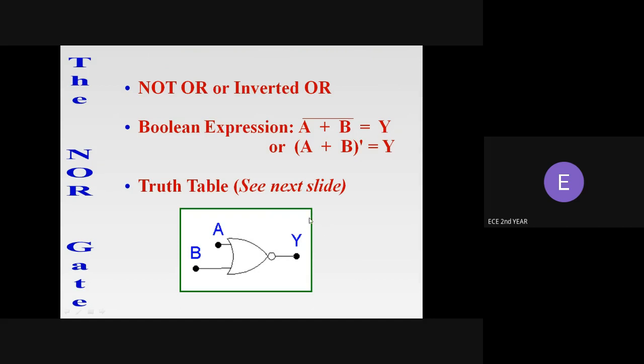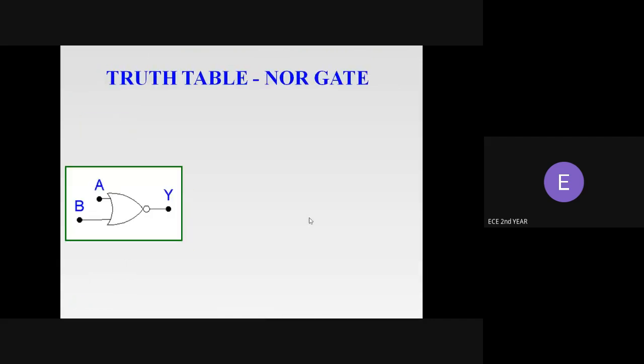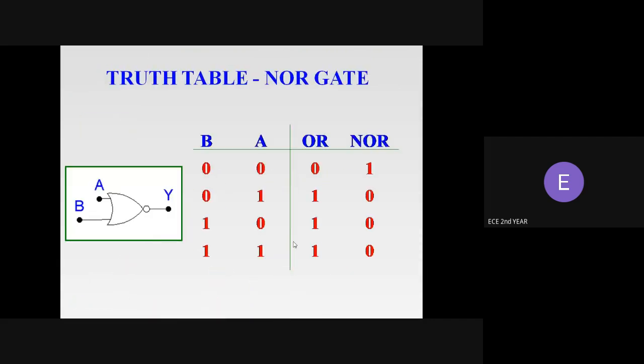Let us see the truth table to see the output conditions of the NOR gate. Here you see, for both the OR gate and NOR gate, the inputs and outputs are presented. The output of the OR gate will be 1 if any one of the inputs is high, or any one of the inputs is 1.